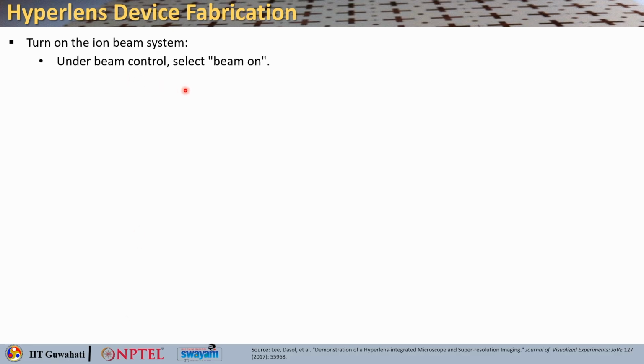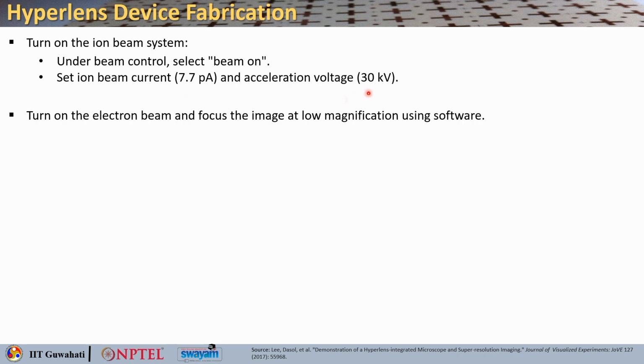After that you turn on the ion beam. Under the beam control you select beam on. Once you set the ion beam current around 7.7 picoampere and acceleration voltage around 30 kV, at that time you can turn on the electron beam and focus the image at low magnification using software.